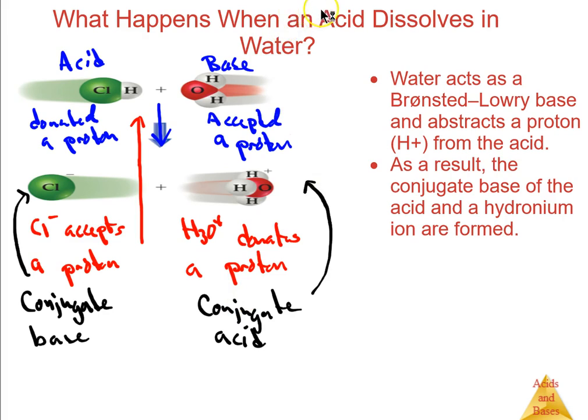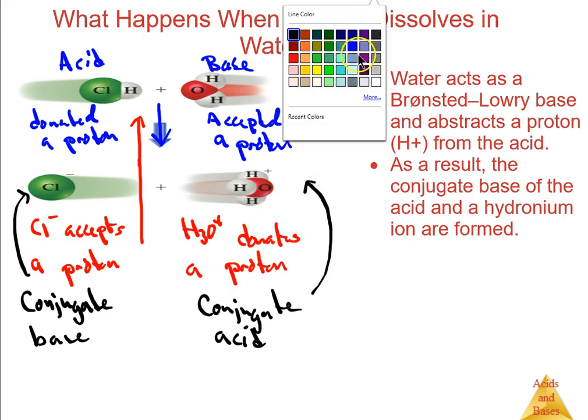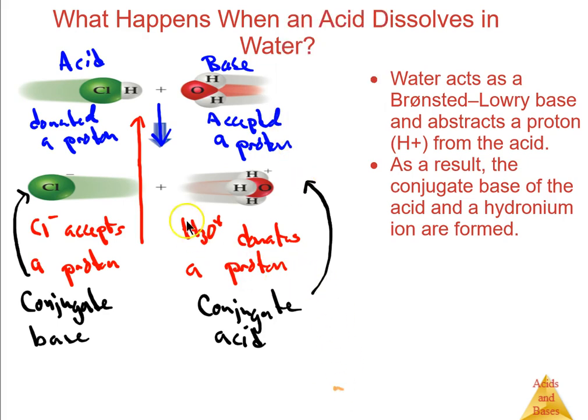Now, if you'll look, let's see if it'll let me change here. Let's go to orange. So here we go. The conjugate base is always the anion of the acid. I'll say that again.